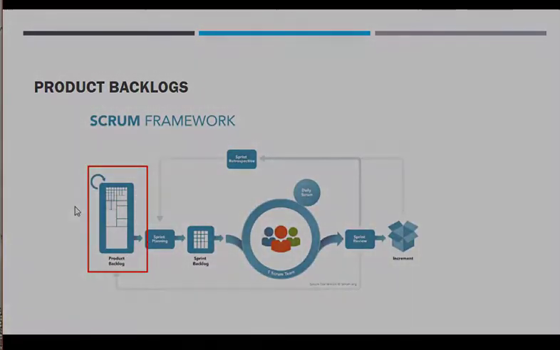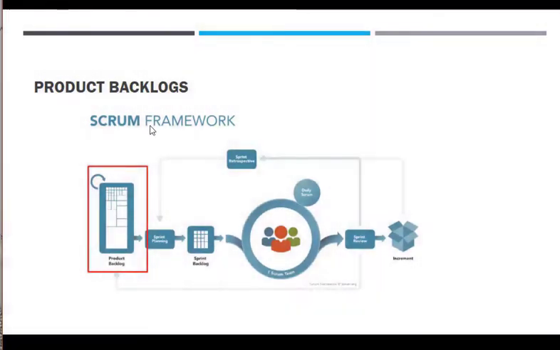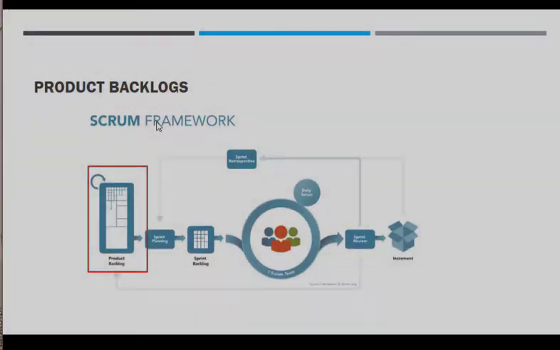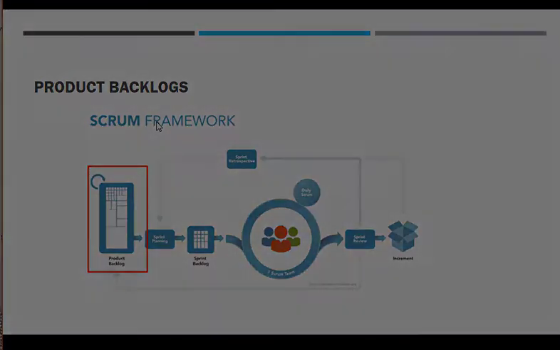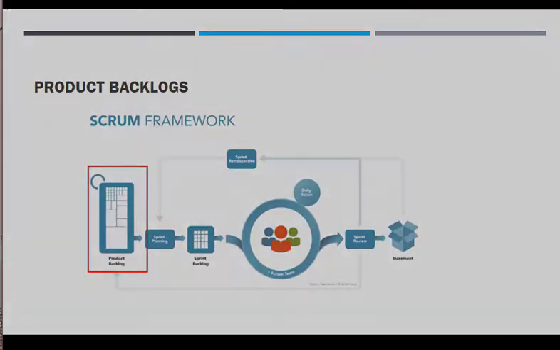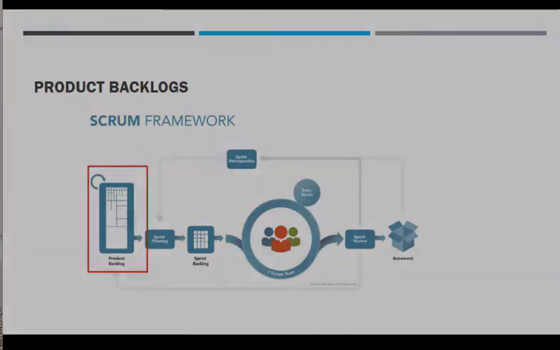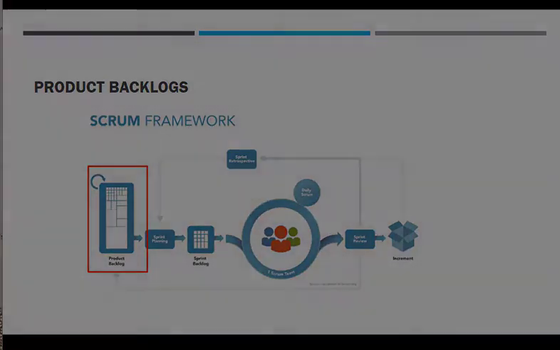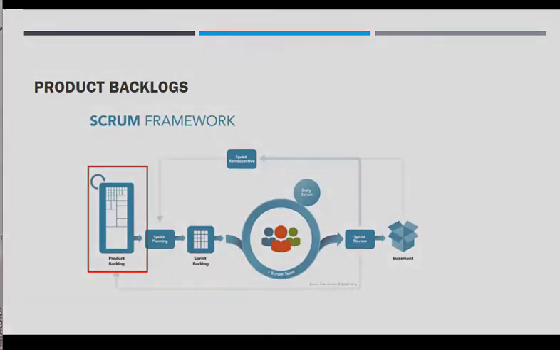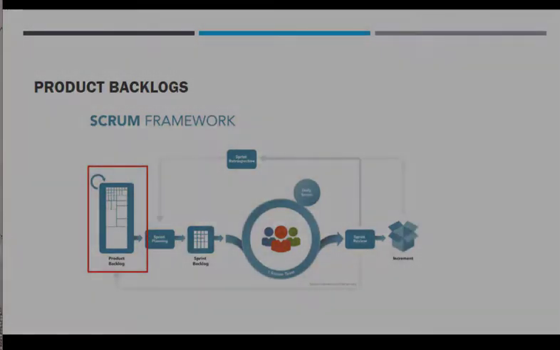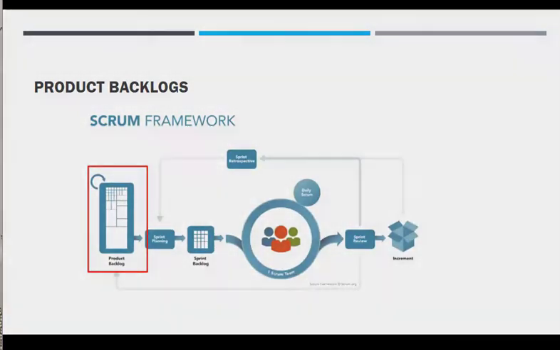So the product backlog: when we get any product, the product owner has the responsibility to take the product and divide it into different user stories and assign this work to the development team. So all this is the work of the product owner.